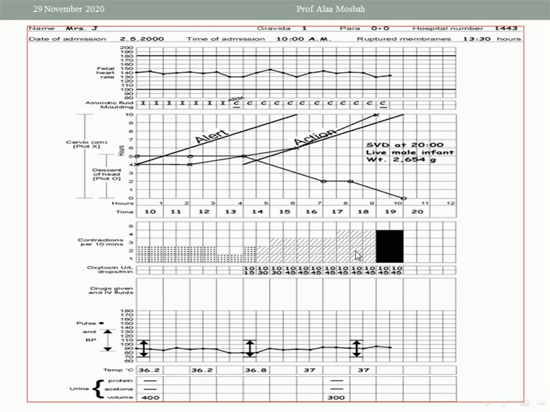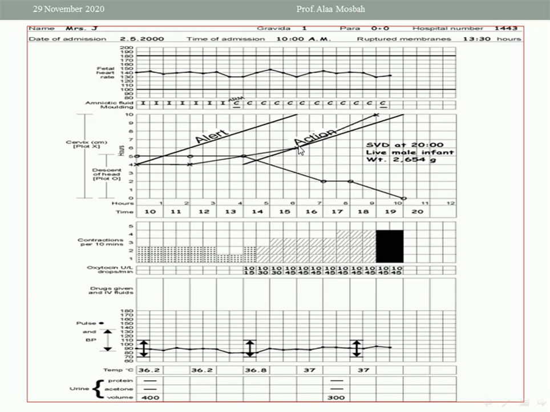We know that the normal is 3 uterine contractions, and each contraction should be more than 40 seconds. This is more than 40 seconds because it is colored. So efficient contraction causes better cervical dilatation, descent of the fetal head, and spontaneous vaginal delivery. This was not an easy case, a difficult case of course, because it reached the action line.